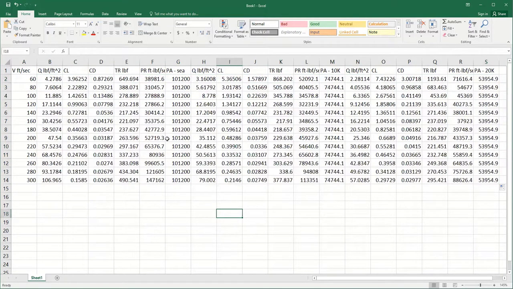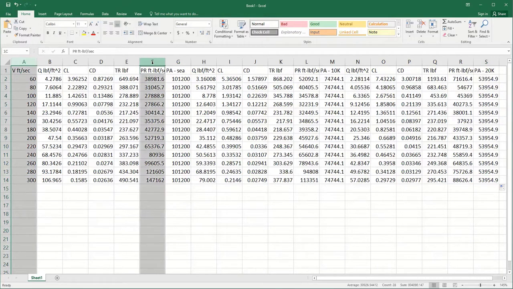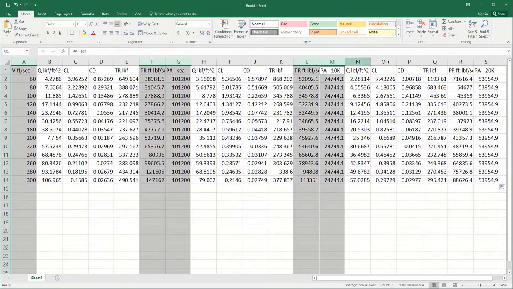And that gives us the power required and the power available versus velocity. So I can select column A and then control select all of these other columns and do a plot. So we can see power available and power required versus velocity.